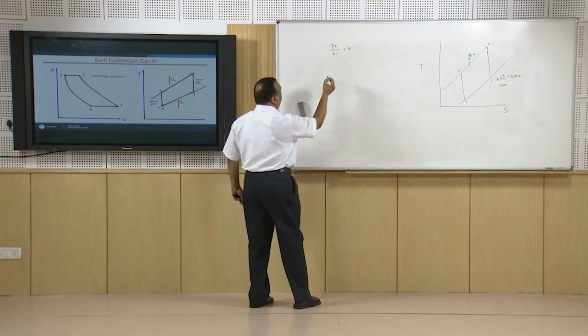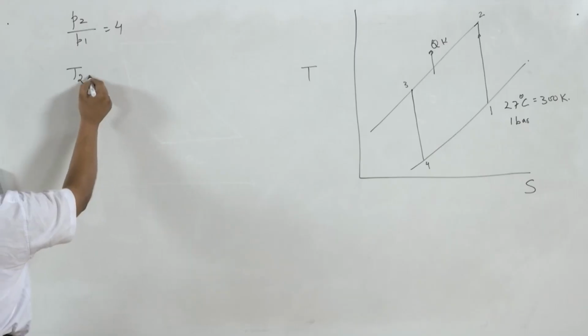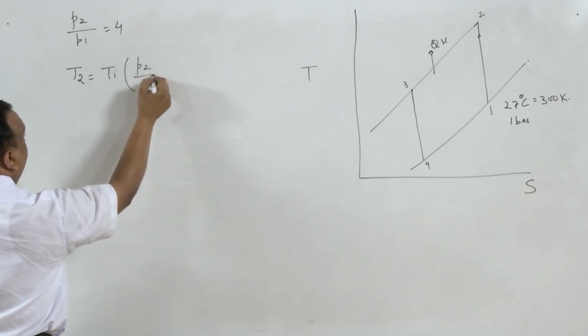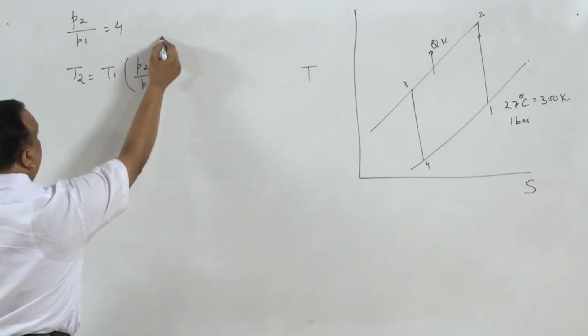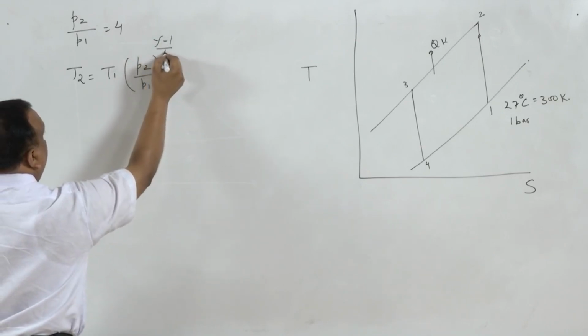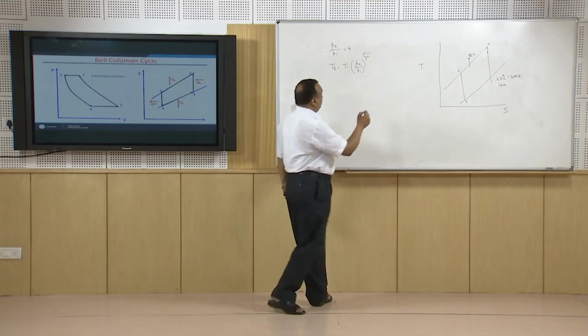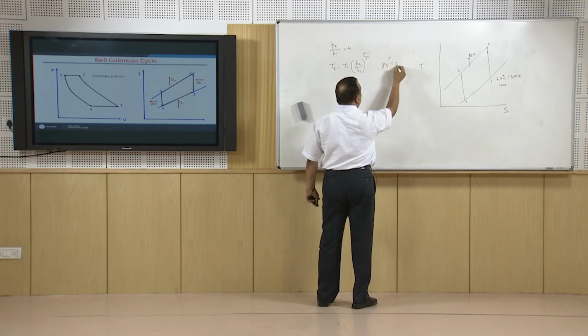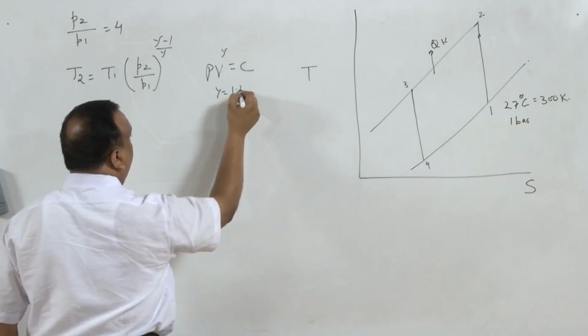Now, the temperature at state 2 is going to be T2 equals T1 multiplied by (P2 by P1) raised to power (gamma minus 1) over gamma, because it is following the process PV raised to power gamma equal to constant, where gamma is equal to 1.4 for air.